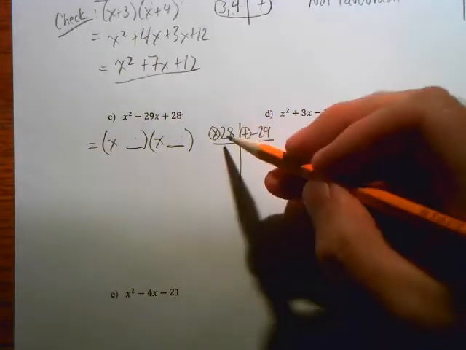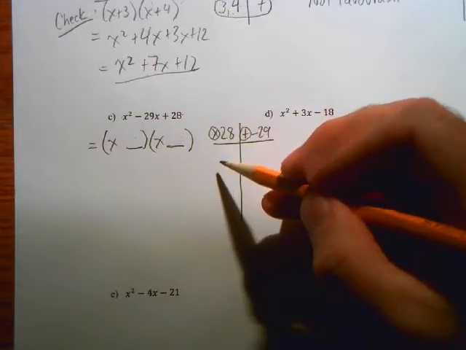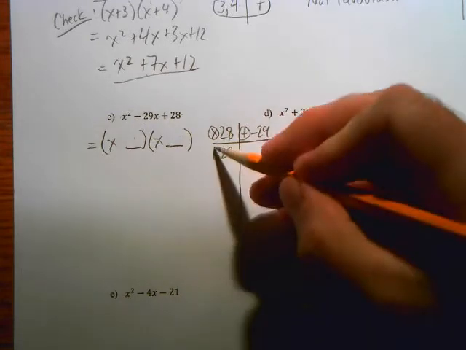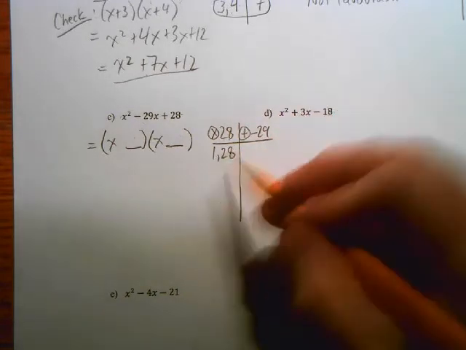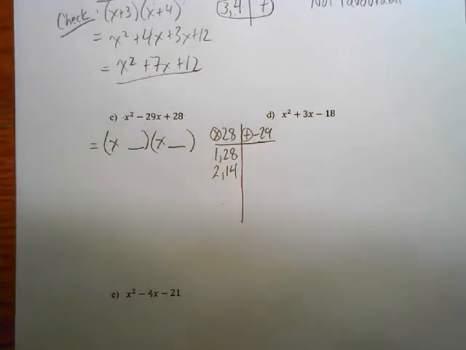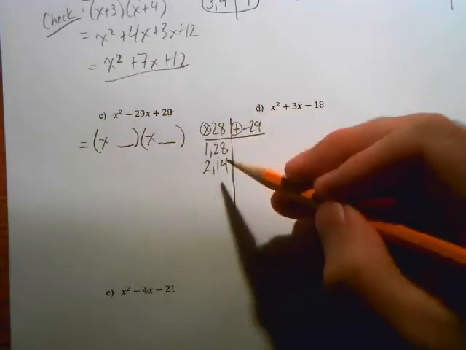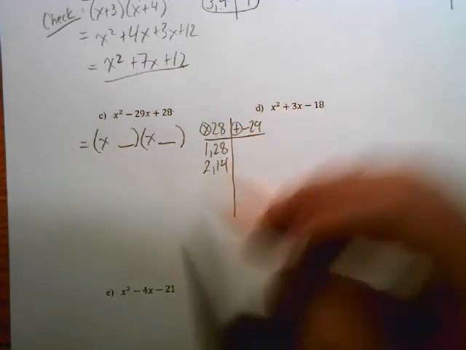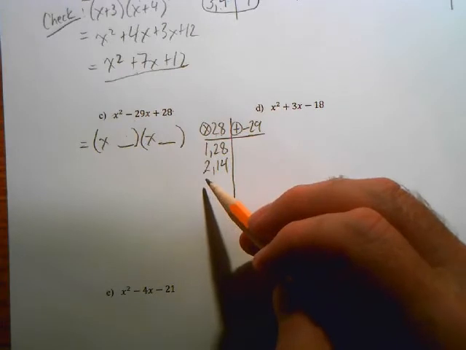If I'm looking for factors of 28, I always start with 1 and the number, and then work my way up on the left side. 2, does 2 work? Yes, it does. 2 goes with 14. And you can always check. If you're not good at your mental math, pull out a calculator. For example, I don't remember, is 3 a factor of 28?